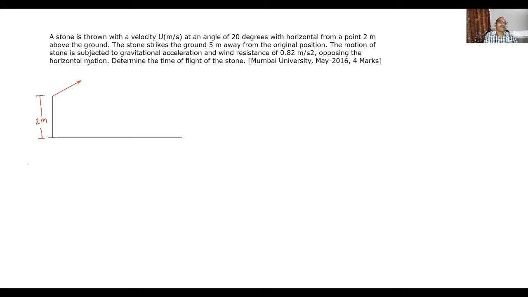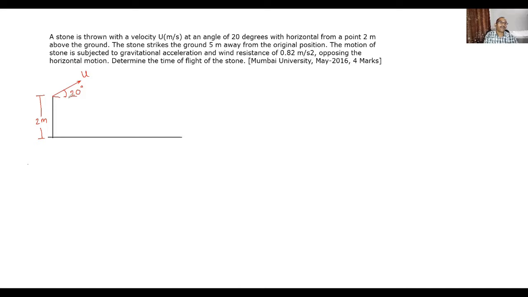And this stone is projected with some initial velocity u and inclined at an angle of 20 degrees with horizontal. This is 20 degrees. Now the path traced by this projectile, it will move along this path, which one is parabolic in nature, and then finally it strikes the ground somewhere at this point.